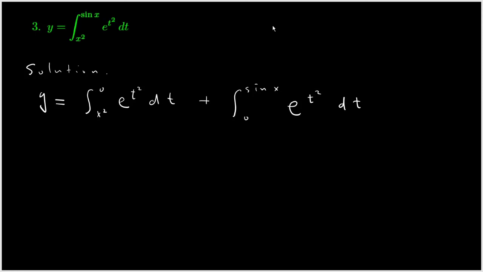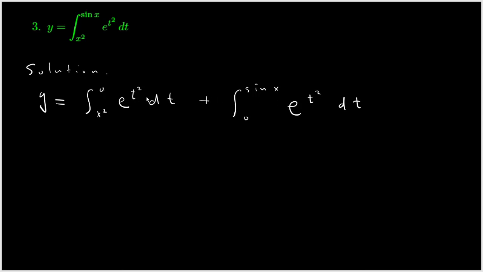We mentioned the property before, right? You just use any constant. You kind of imagine the constant is in between x squared and sine of x. But the constant can be any number you choose. The number you choose does not have to be between x squared and sine of x.